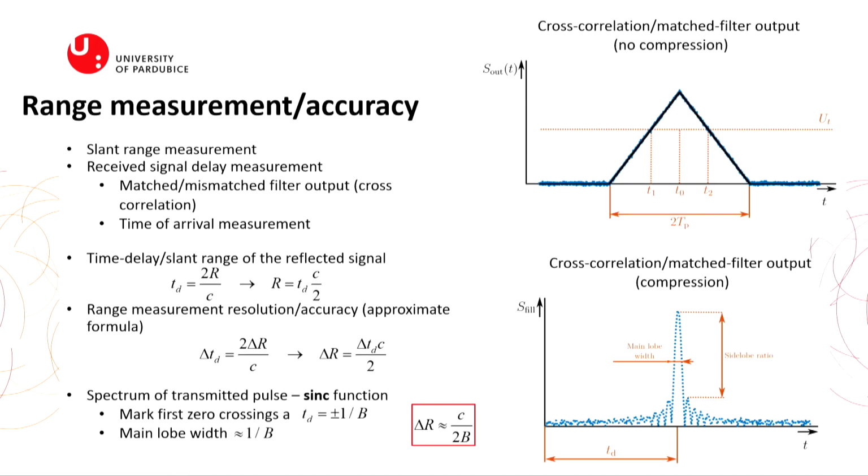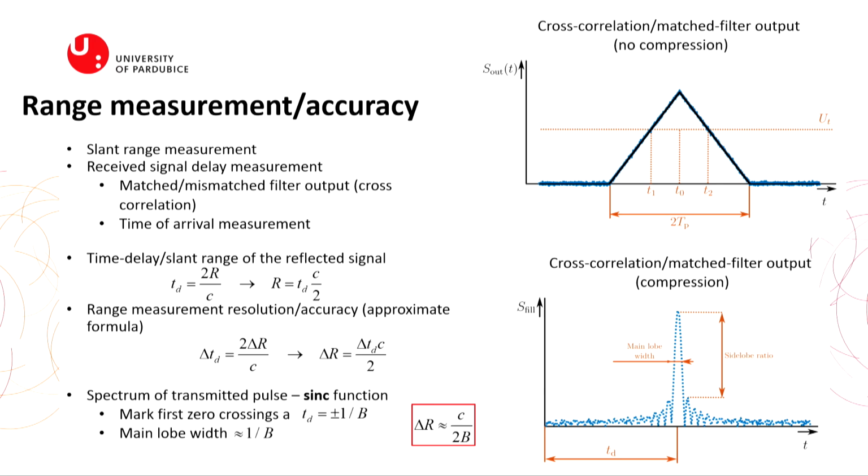Side lobe ratio, what information does it give? It is about energy, because you want all the energy to be in your main lobe. Why? Because detection is provided by this main lobe, and the side lobe ratio is the ratio between the amplitude of the main lobe and the lowest and the highest side lobe.